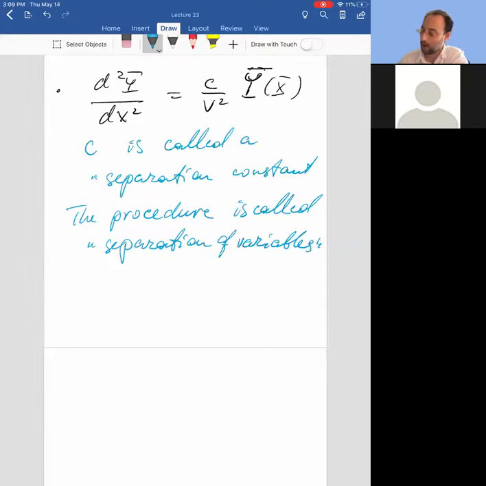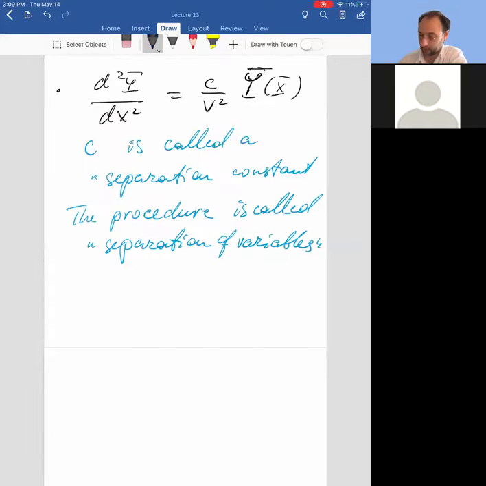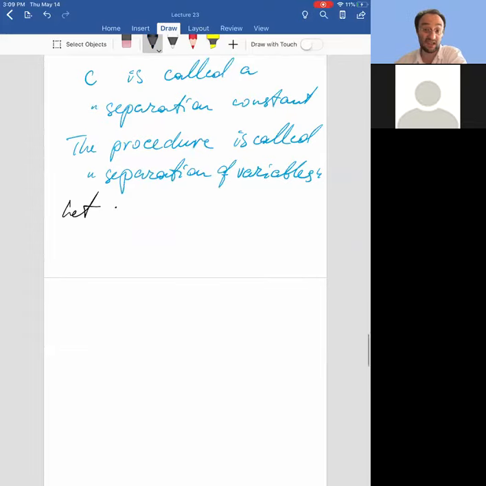Okay. Now, I'm going to do something that looks completely out of the blue. Let me just change the name. Let me call C minus omega squared. I don't have to, but this is going to be a little bit more elegant if I do this. This is suggestive.